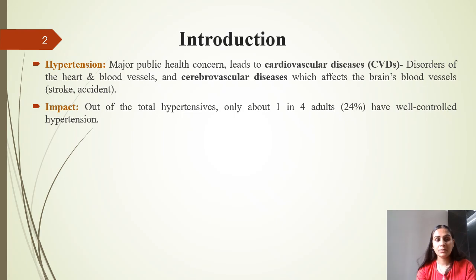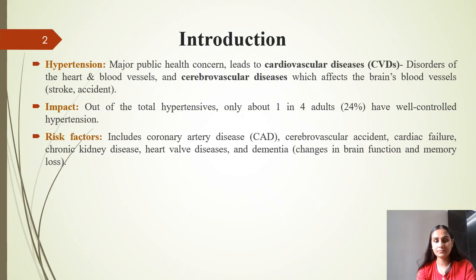The impact of hypertension is that, out of the total hypertensives, only about 1 in 4 adults, that is 24%, have well-controlled hypertension. The major risk factors included in hypertension are coronary artery disease, cerebrovascular accident, cardiac failure, chronic kidney disease, heart valve diseases, and dementia. Dementia is memory loss.